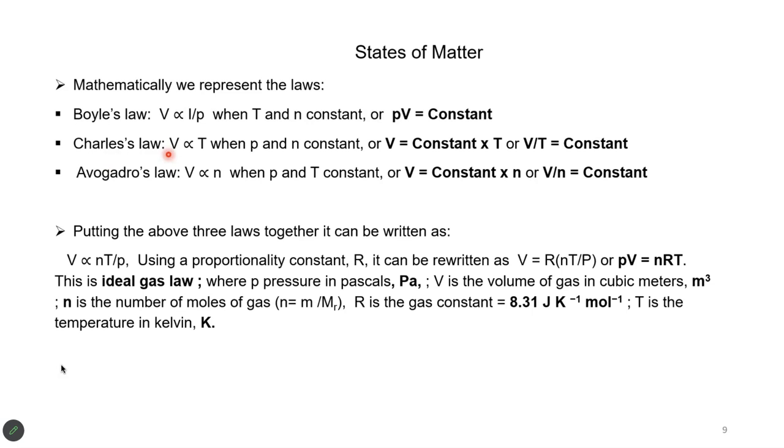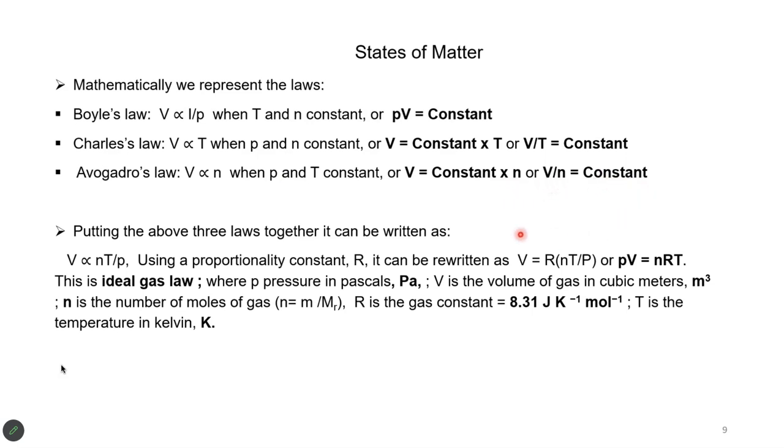Similarly, Charles' law: volume is directly proportional to temperature when pressure and number of moles are constant, that is, V by T is equal to constant. Avogadro's law: volume is directly proportional to number of moles when pressure and temperature are constant. So V is equal to constant into n, the number of moles, or V by n is equal to constant.